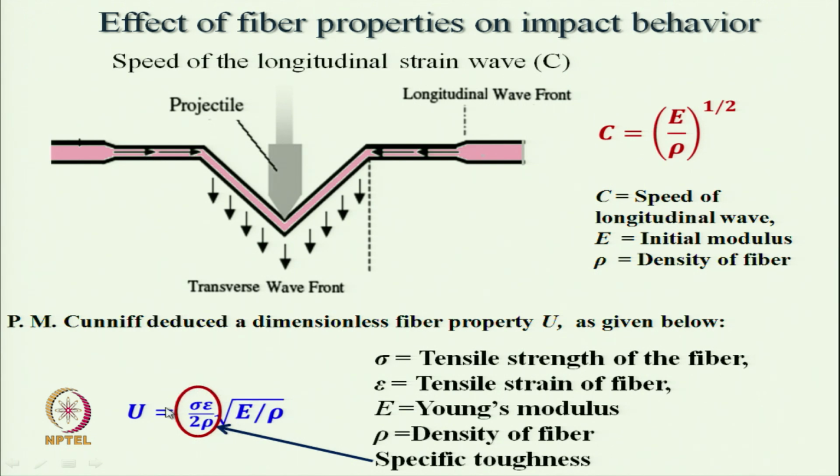This parameter is known as specific toughness, and it is multiplied by the speed of longitudinal wave. So, U is a dimensionless parameter, and the higher the U value, the better its impact resistance; it can hold the projectile, so higher impact behavior will be there.